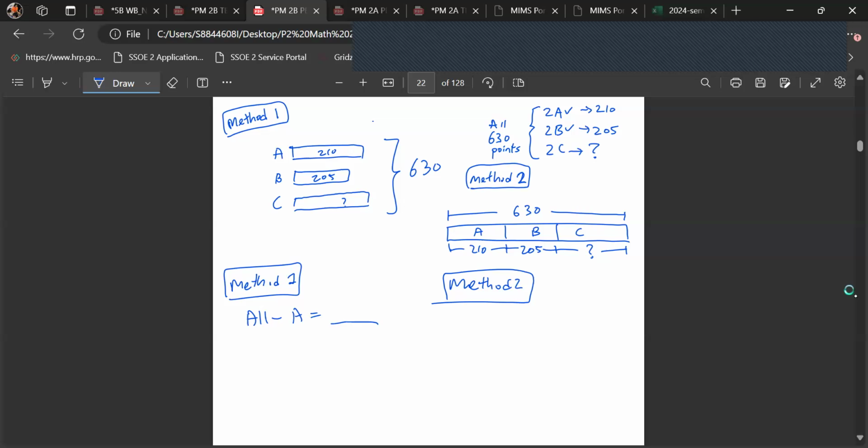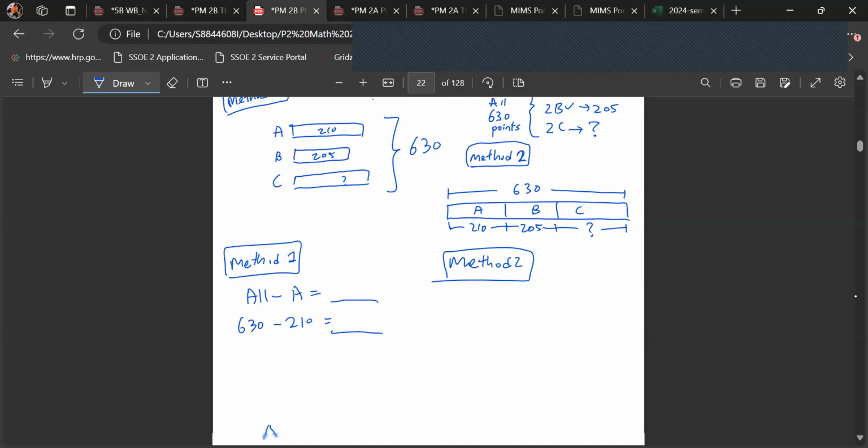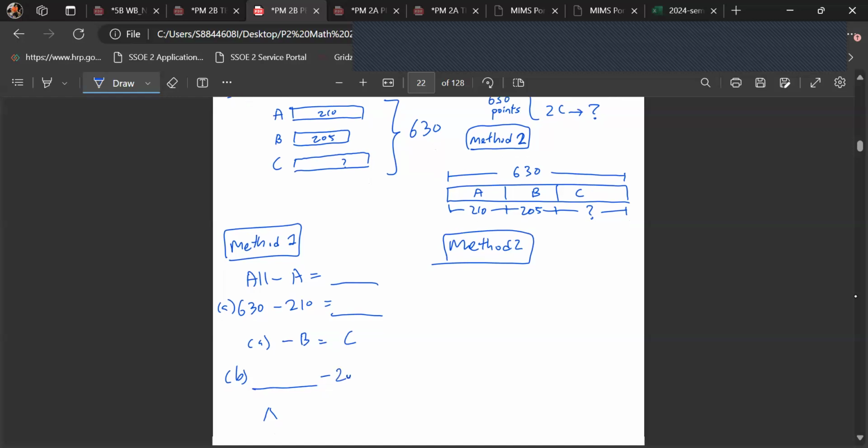There is 630 minus 210 first to get a certain number. Then step 2, I go the first answer, then minus B again. To get C. So the first answer minus 205, I will get my C.